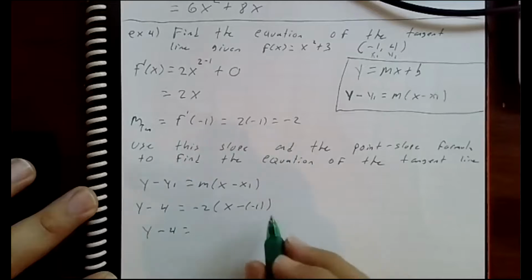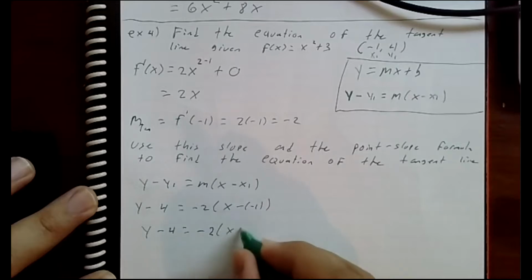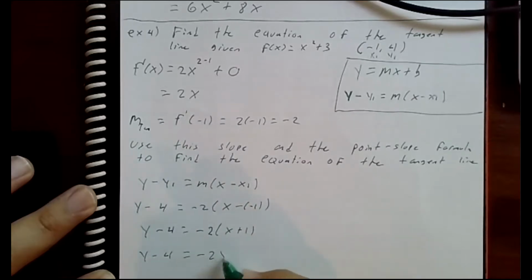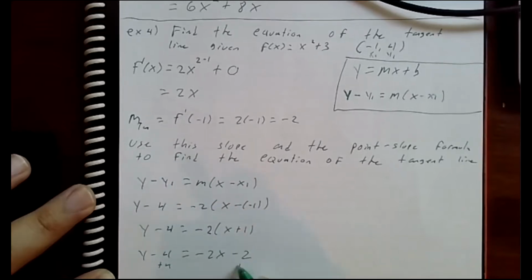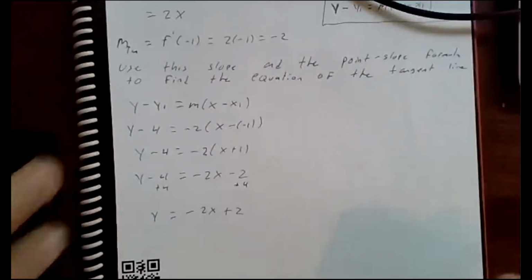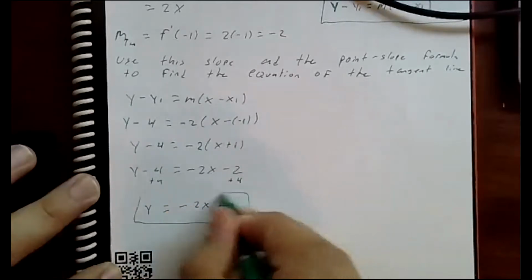I'll show a couple of steps here. Minus minus is a plus, so it'd be -2 times x plus 1. Y minus 4 is equal to -2x minus 2. Add the 4 over, right? It's old school. Y is equal to -2x plus 2. So this is the equation of the tangent line.